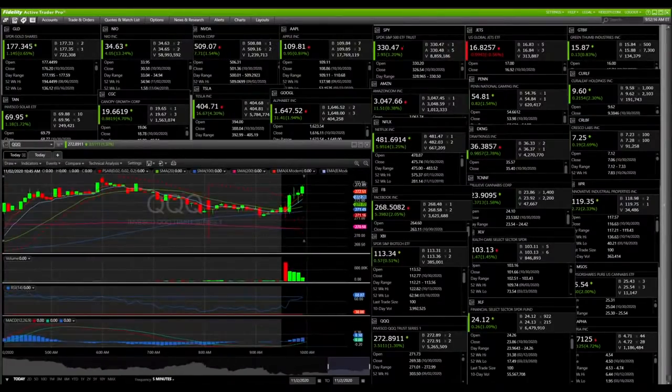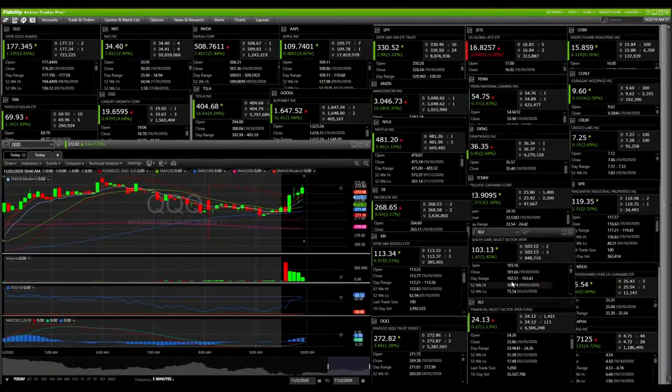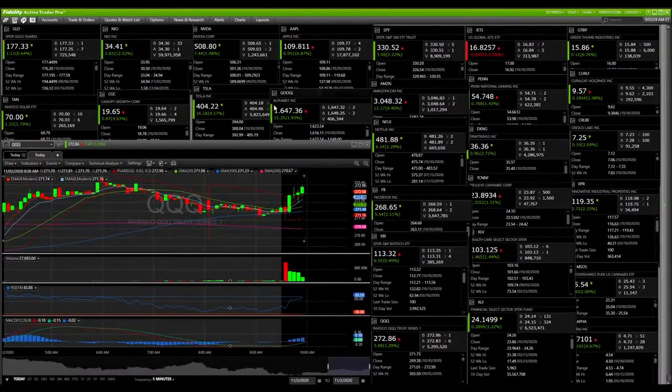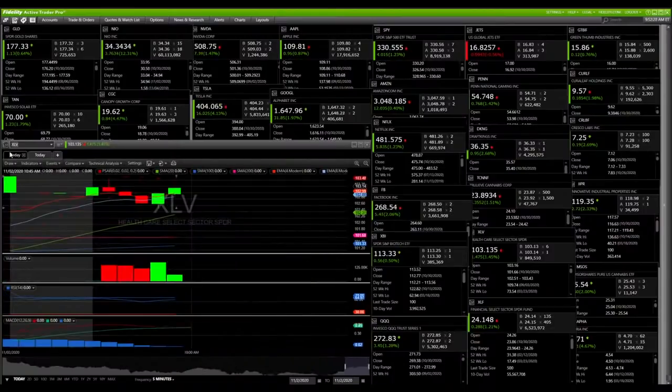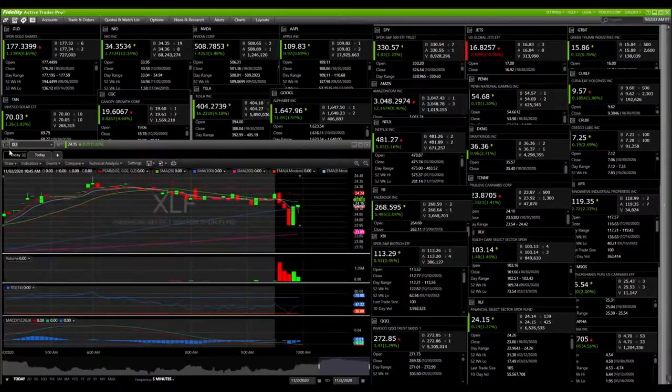QQQ back to the high of the day. So again, the fact that it is at the high of the day and our inverse sectors from the first 15 minutes are not at their lows shows us some bull shift. And now I'm watching XLF and XLV.